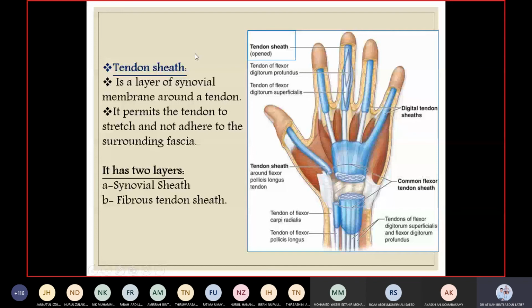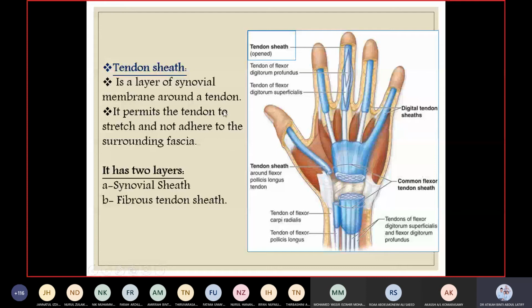All these are actually extensions of the synovial membrane, and they contain synovial fluid. So bursa is one structure that contains synovial fluid, and it is extended around areas to facilitate movement and reduce friction. Next, we have the tendon sheath, which is again a synovial membrane around a tendon.